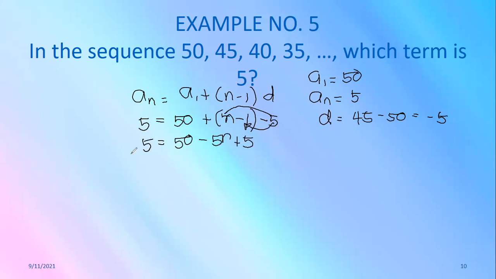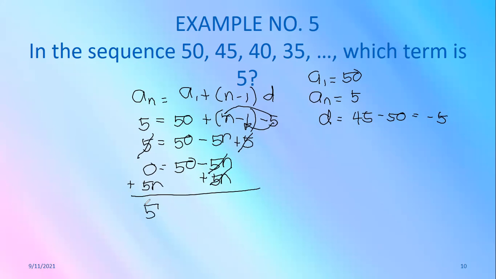In this equation, we cancel out 5, so this will be 0 equals 50 minus 5n. By adding 5n to both sides of the equation, we cancel out 5n here, so this will be 5n, which is equal to 50.